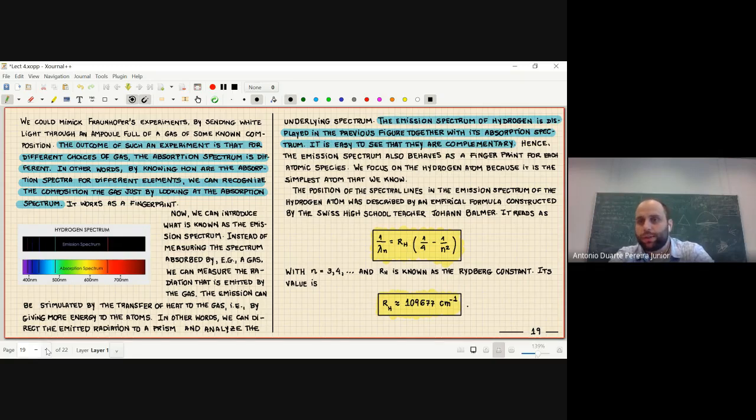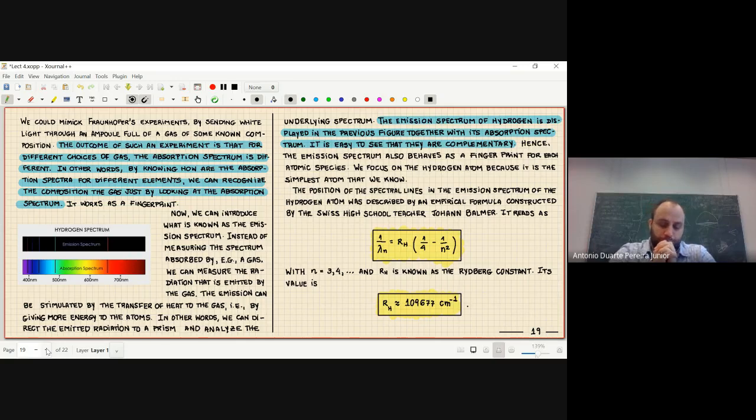Well, you just heat the material, right? Think about a lamp. When you pass an electric current through the lamp, it starts emitting light. Now you can take the light emitted by the lamp and pass it through a prism, and tell what is the material that makes the lamp.